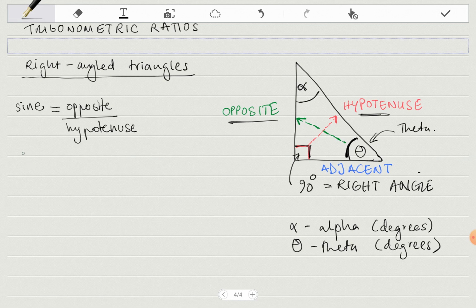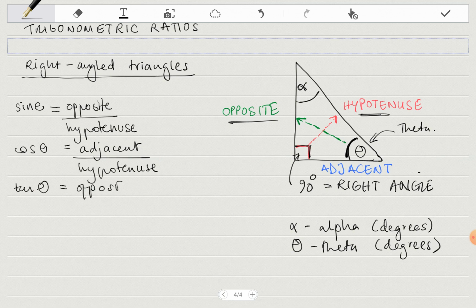And then the cosine ratio is your adjacent length divided by your hypotenuse length. And then you have your tan of your angle, which is your opposite length divided by your adjacent length.